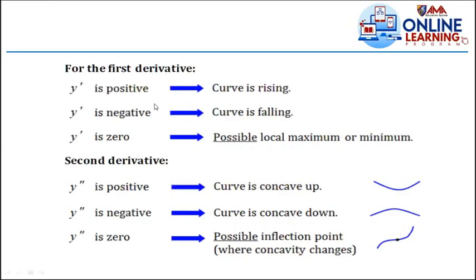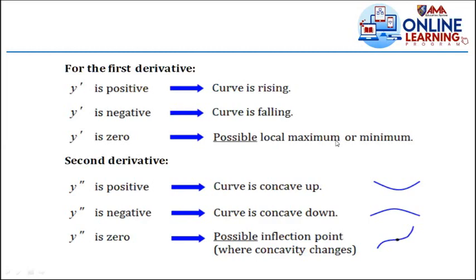So for the first derivative, if y prime is positive, the curve is rising. If y prime is negative, the curve is falling. If y prime is 0, possible local maximum or minimum.